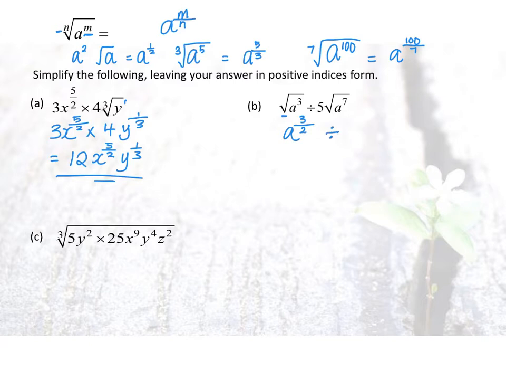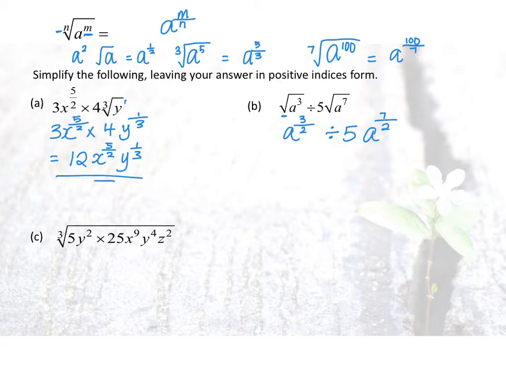Then, divided by 5 times the square root of a to the power of 7. What will happen when we take the square root? The power will be divided by 2. So it will be a to the power of, the original power is 7, divided by 2.